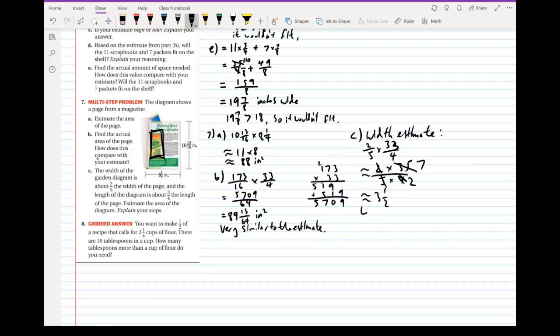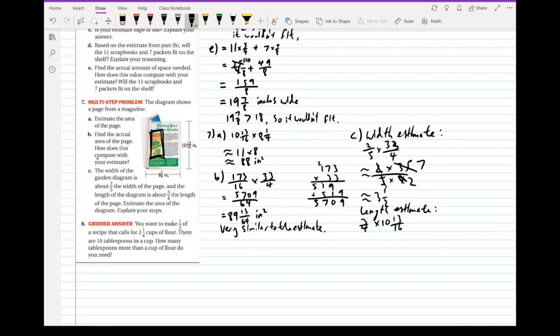And then for the length estimate, the length will be 3/4 multiplied by 10 and 13 over 16. This one, 10 and 13 over 16, we definitely are going to estimate. The way we're going to estimate is we're going to make the numbers compatible.